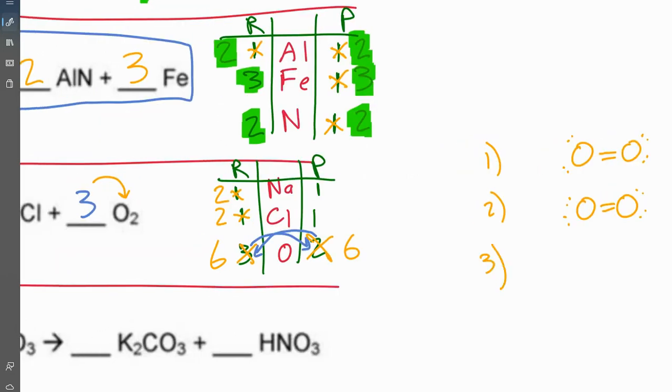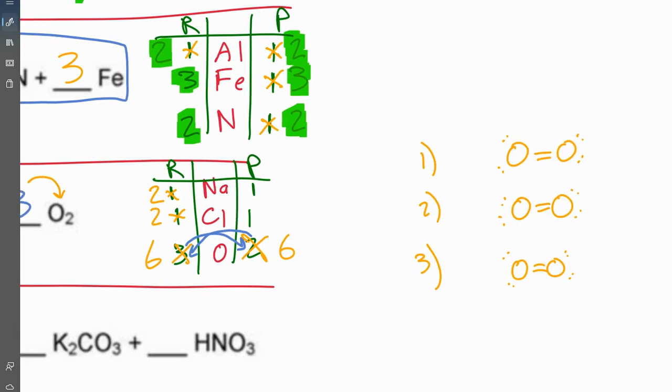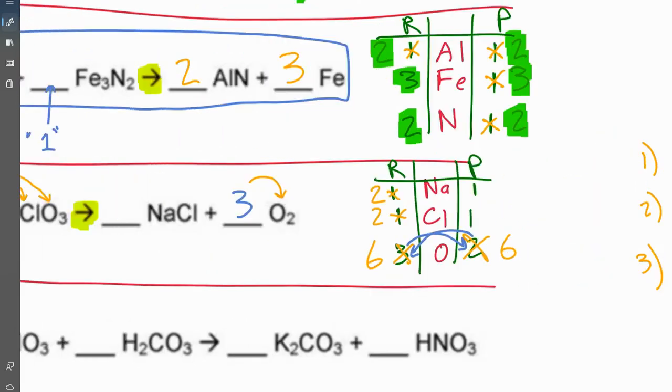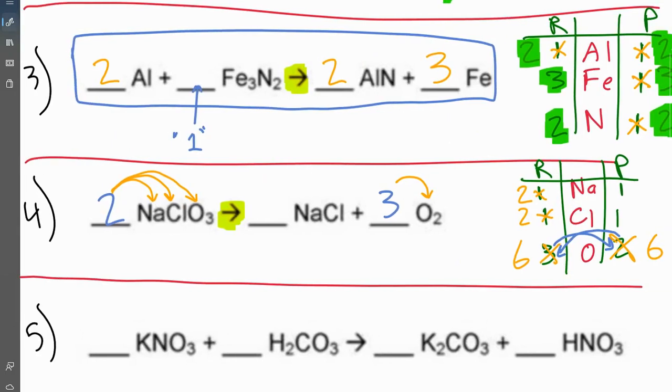So we need a third molecule of oxygen. You could take the time to draw the Lewis structure, but that's what it looks like. So why do we have 6? Count up the oxygens: 1, 2, 3, 4, 5, 6. There are 6 oxygens. That's why it's multiplied instead of adding. So it's 3 times 2.